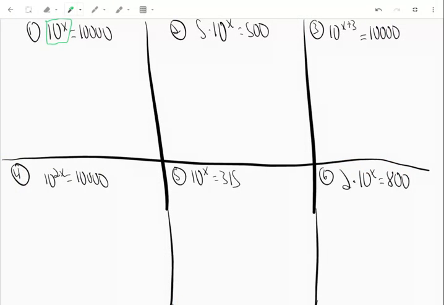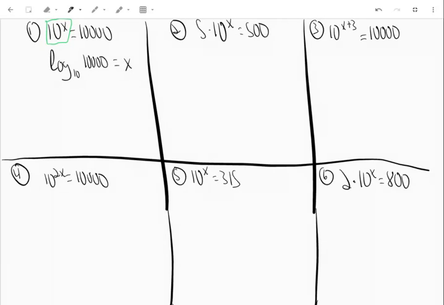So this is going to be log base 10 of 10,000 equals x.